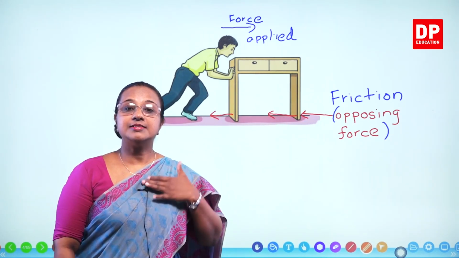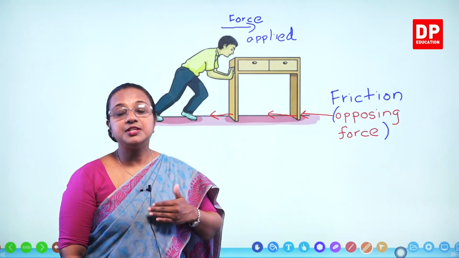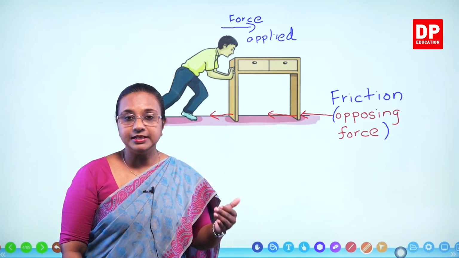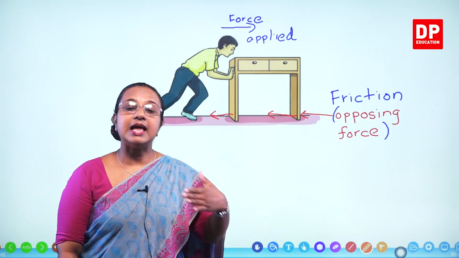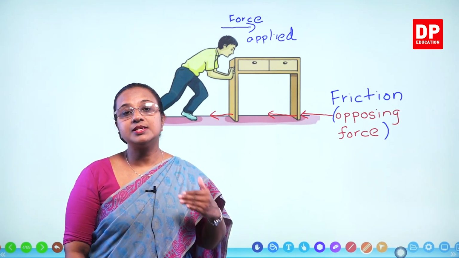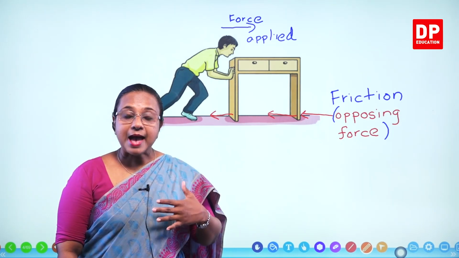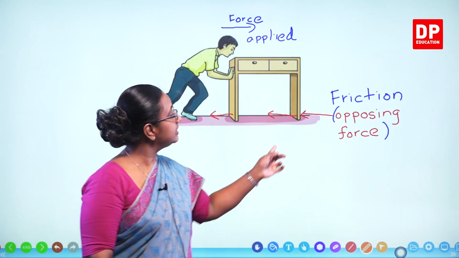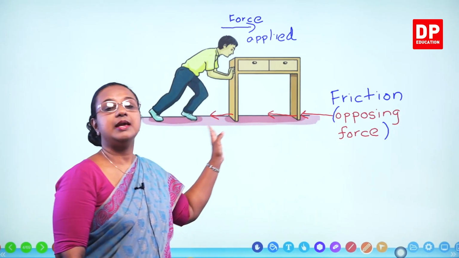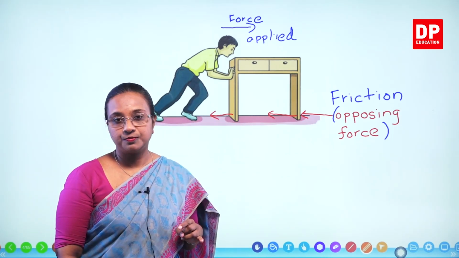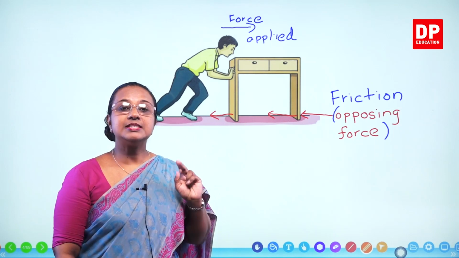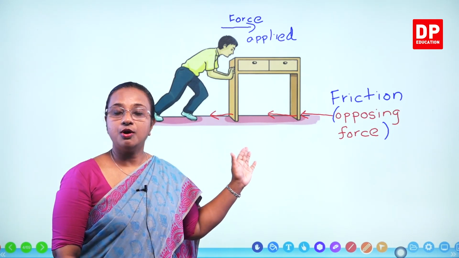When we increase the applied force, the frictional force also increases, but it can increase only to a certain limit. Once the applied force exceeds the frictional force, the table will start to move. So, this is another feature of friction.